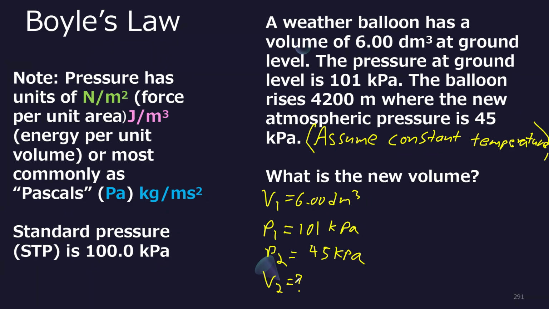So we can use Boyle's law. I'm going to want to find V2, so I'll set this up: V2 P2 equals V1 P1. Same as the equation I wrote on the previous slide. And I'll solve this for V2 by dividing both sides by P2.